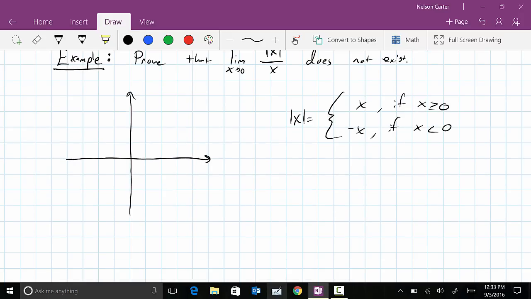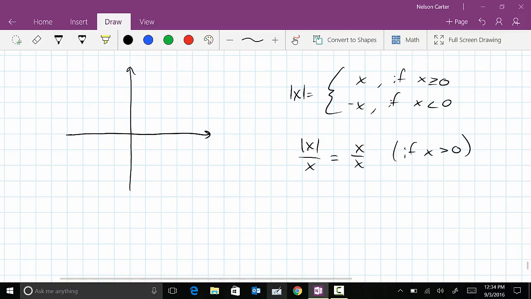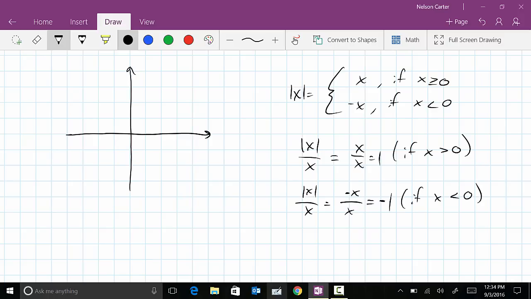Well, since that's the case, then the absolute value of x divided by x is going to equal x divided by x if x is greater than 0, and that's going to equal 1. Also, the absolute value of x divided by x would equal negative 1 times x divided by x if x is less than 0, and that's equal to negative 1.